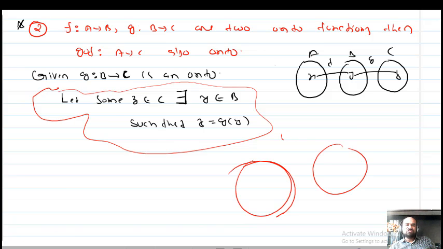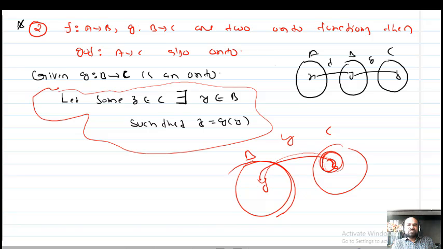What I am doing here, observe, students. This is the g function, B to C. For example, z is here. Because this is onto, given, for every element of C there should be preimages in the domain. For z there should be a preimage, let it be y. That I wrote here.